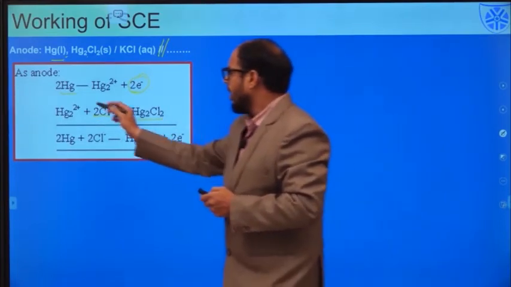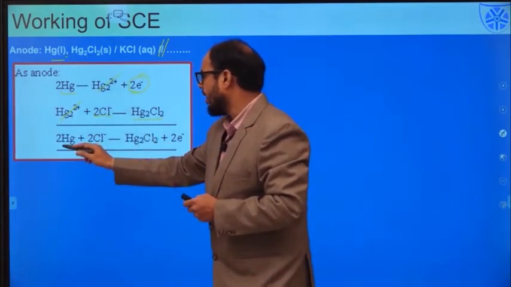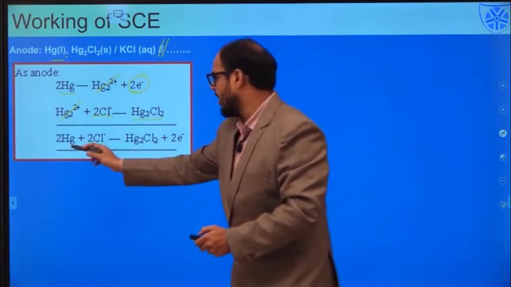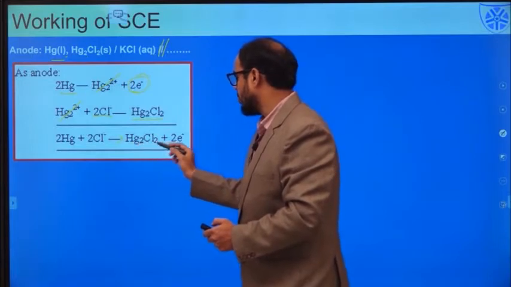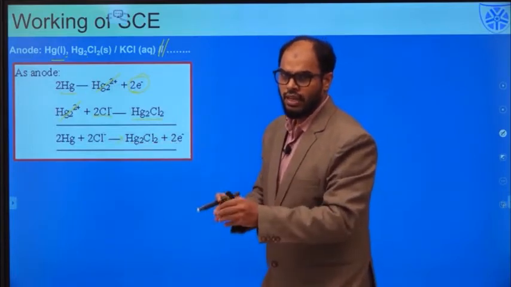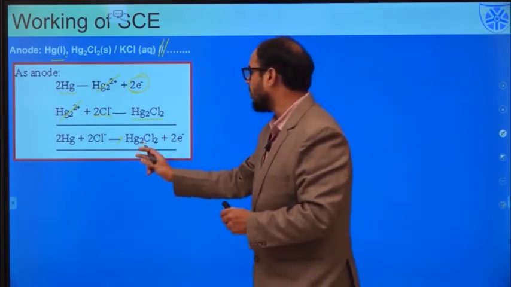At the end of the day, on nullifying the Hg2 2+ ions, I can write the resultant anodic reaction as 2Hg plus 2Cl minus gives Hg2Cl2 liberating 2 electrons. So we have seen the elemental mercury has lost 2 electrons and converted to calomel.